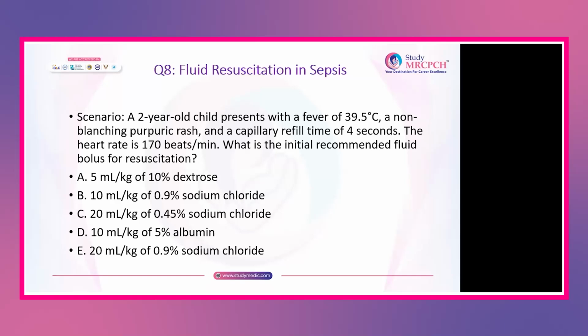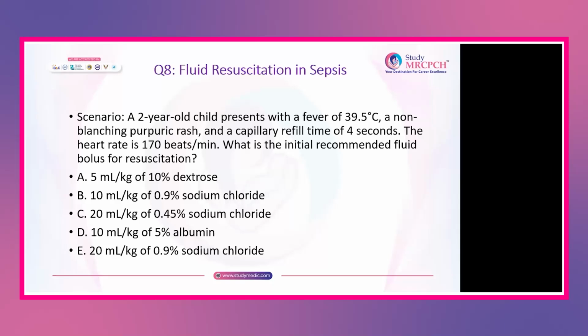Capillary filling is prolonged and delayed. Heart rate is on the higher side to compensate for what happened to him. So we need to give him some support. Usually, for fluid resuscitation, we are giving either 10 or 20 of the preferable fluid, which is 0.9% sodium chloride.